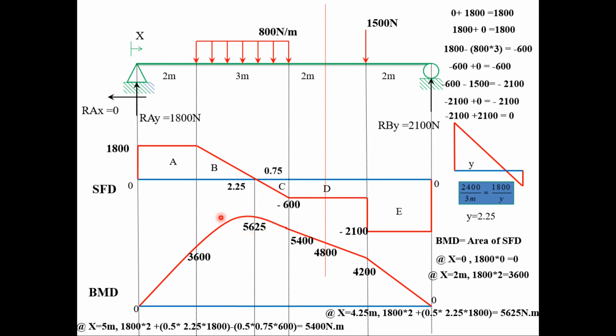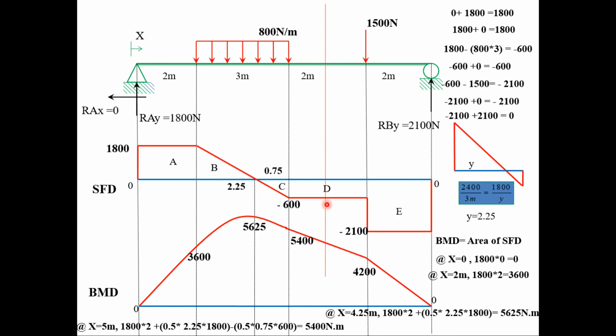So to determine the moment at x equals 6 meter, x equals 6 meter is located at this point with the broken red line. So if we calculate the area from this point up to this point, we can obtain the bending moment value.